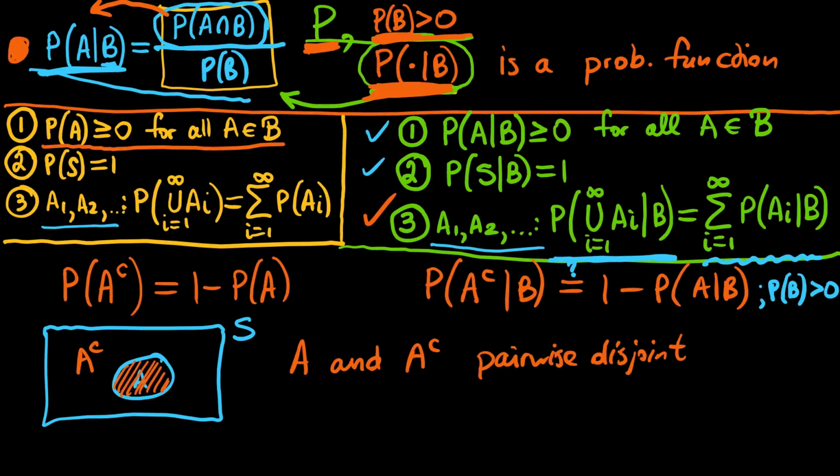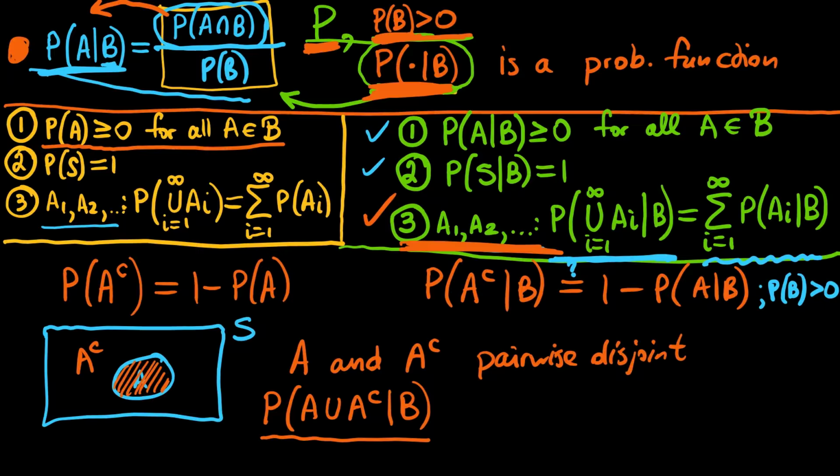Okay, so then by definition 3 that applies to the conditional probability function, we could write the probability of A unioned with the complement of A conditional on B, right? So we want to evaluate this.